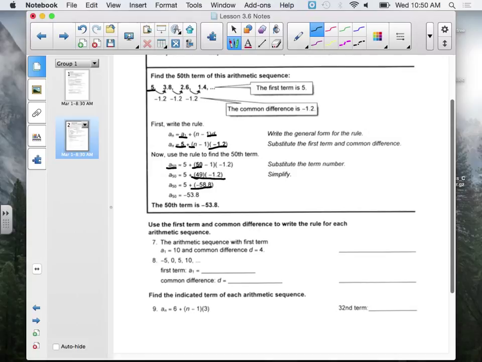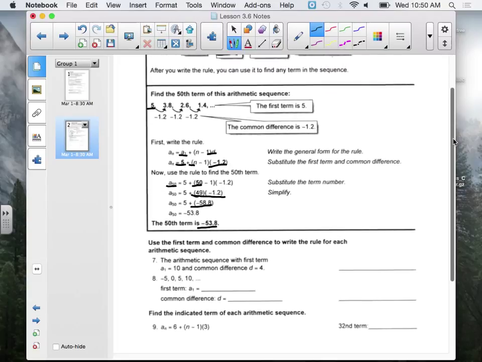And the last thing we do is add 5, right? And our answer is negative 53.8. So what did we just find there? We just found the 50th term of this arithmetic sequence.